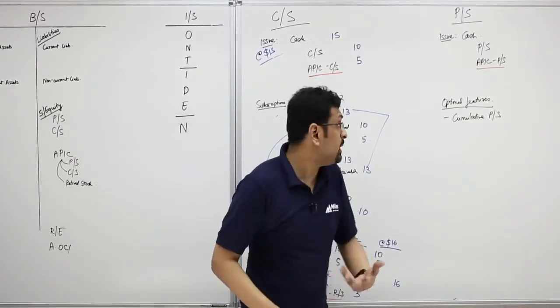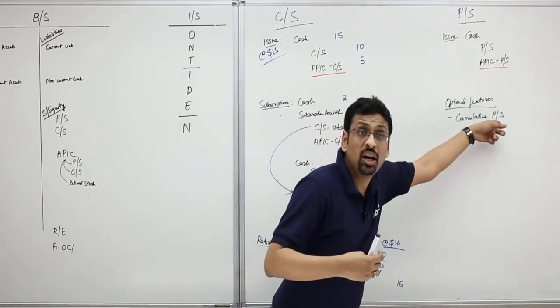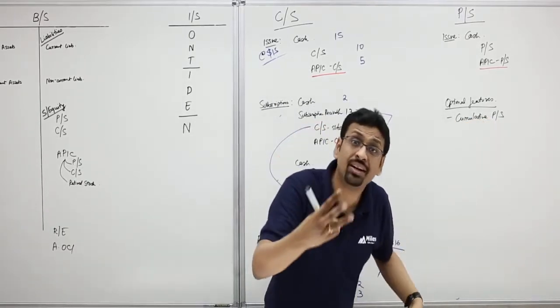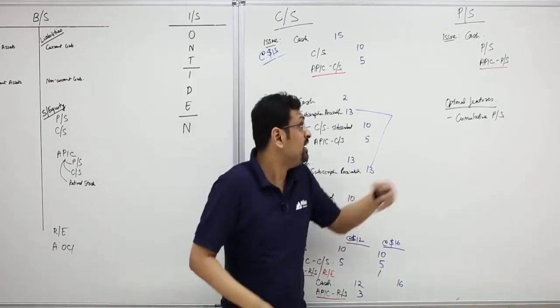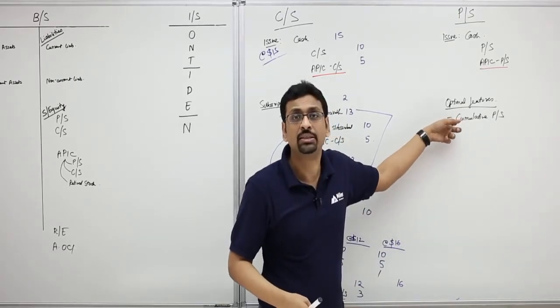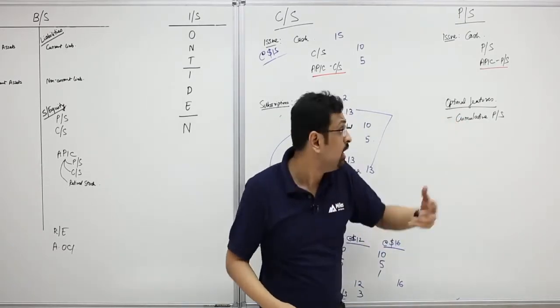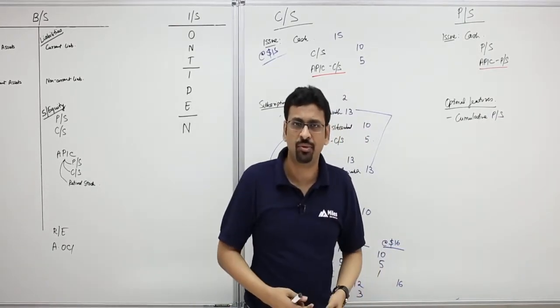So let's say you don't pay them dividends for 2 years, and in the third year you got to pay cumulative preferred stockholders dividends for 3 years before you pay anything to common stockholders. So the dividend accumulates. It's a cumulative dividend for these guys. So that's an optional feature that you could have on your preferred stock to make it look more attractive.